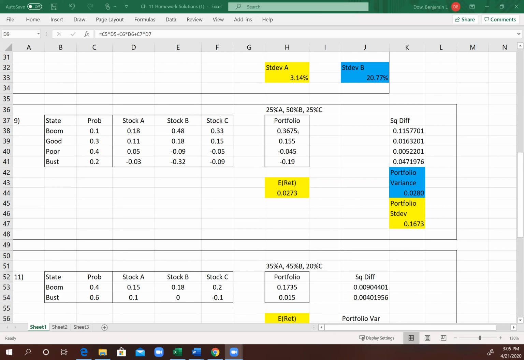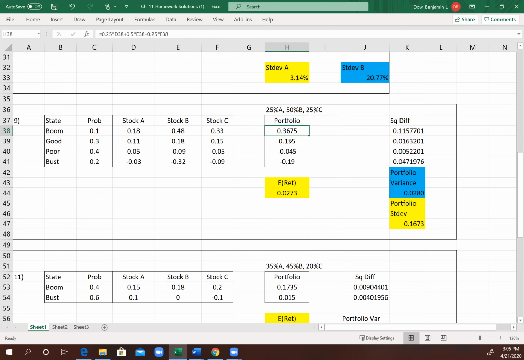So if you look closely here, you can see that 25% of your money is earning 18% during a boom, 50% of your money is earning 48% during a boom, and 25% is earning 33% during a boom, which gives you a portfolio return of 36.75%.